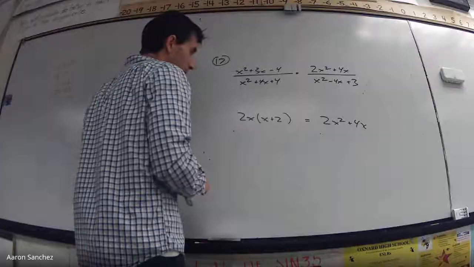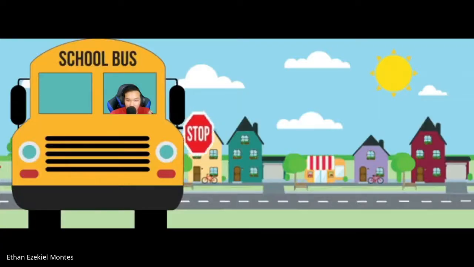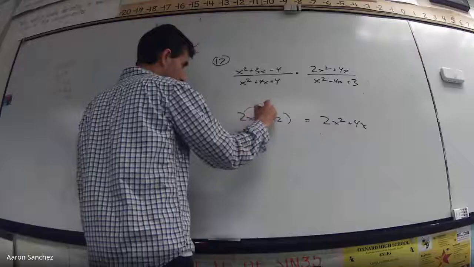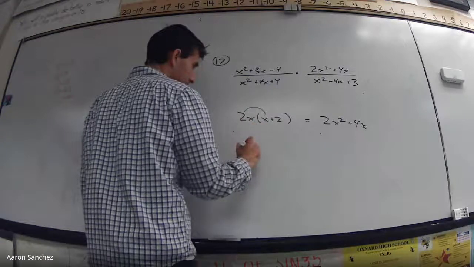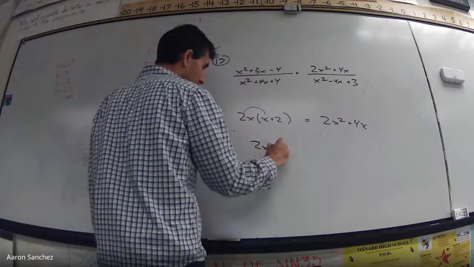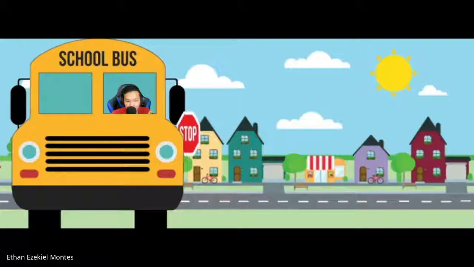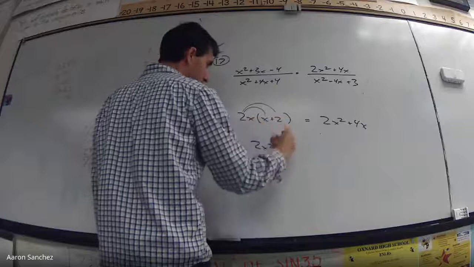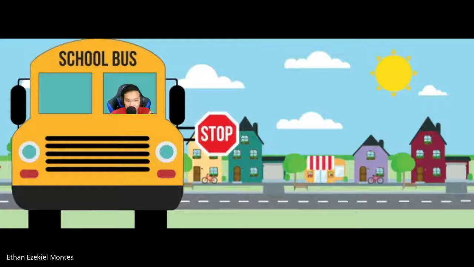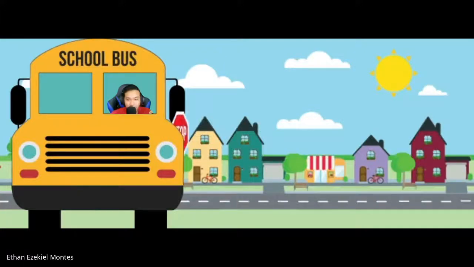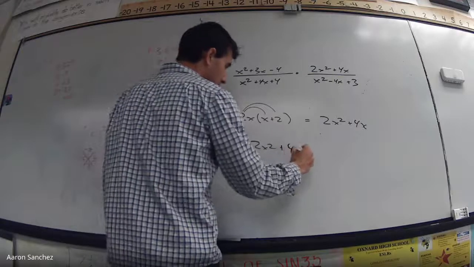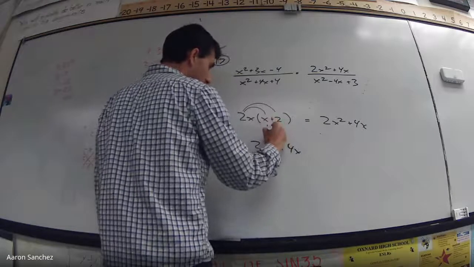Yeah. How do you do it? Distributive property. Okay. 2x times x, and then 2x times 2. What's 2x times x? 2x squared. Okay. 2x times 2 is what? 4x squared? Oh no, 4x. Okay. So look, this equals that, right?